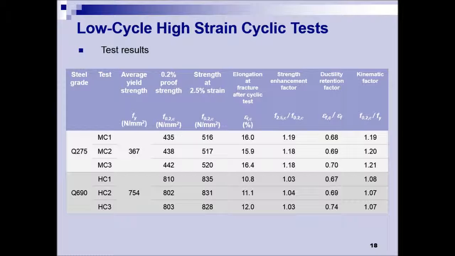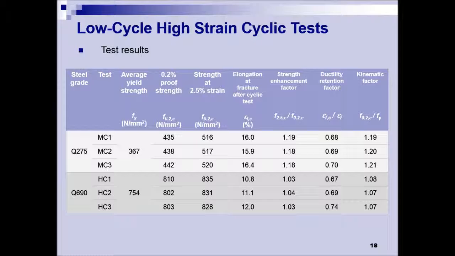The total elongations after cyclic actions are found to be reduced to about 67% for both Q275 and Q690 steel materials, when compared with those values obtained from the reference tensile tests.